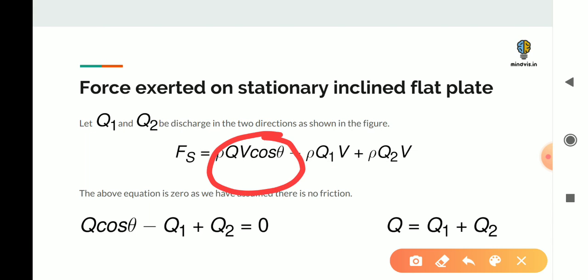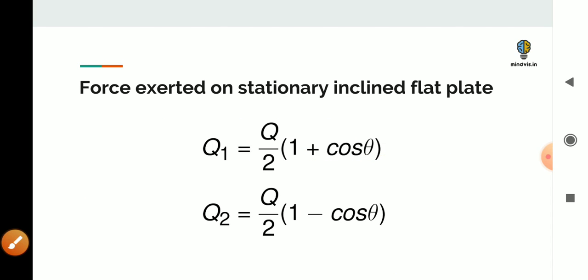Rho QV cos theta is related to the total impulse after striking, and rho Q1V minus rho Q2V is the total impulse before the striking. So here we get the equation Q cos theta minus Q1 plus Q2 equal to 0. So capital Q is equal to Q1 plus Q2. So we get the formula for Q1 and Q2 in terms of theta and capital Q, that is the discharge.